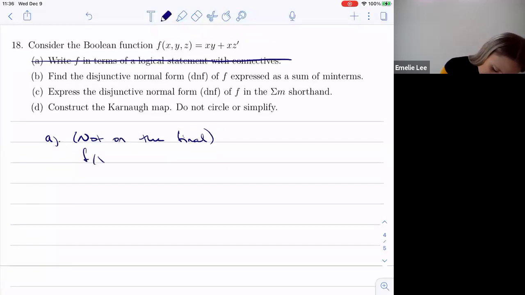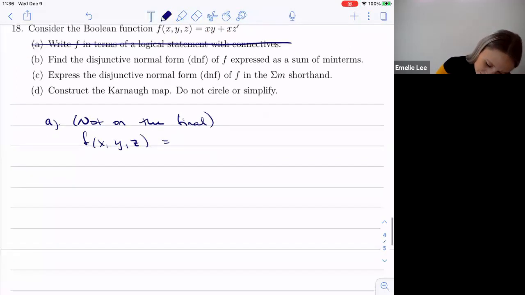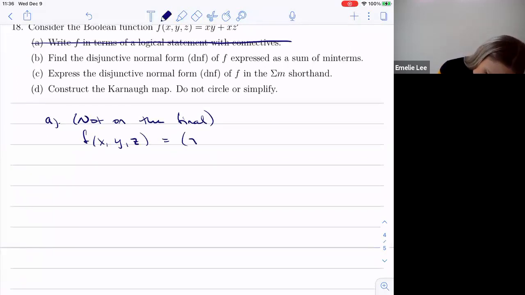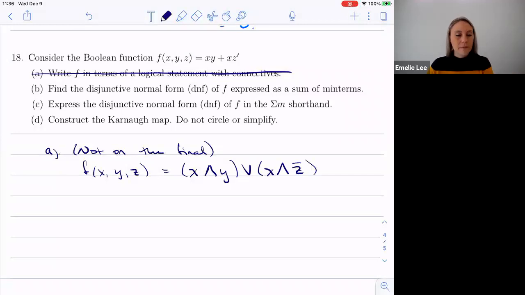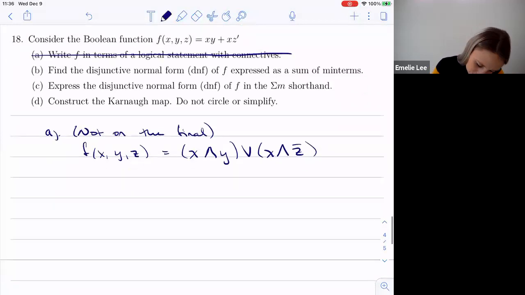But I can rewrite f of x, y, z is x and y, or x and not z. So this is the same as x and y, or x and z bar, or z prime if you prefer.